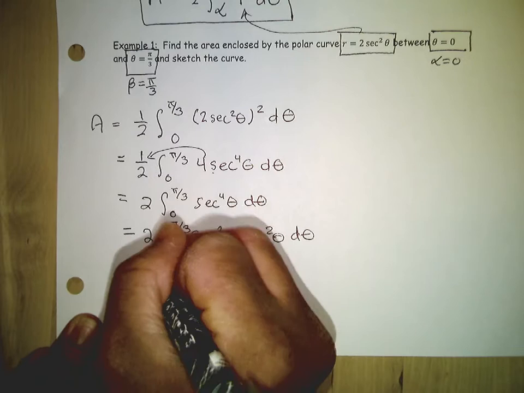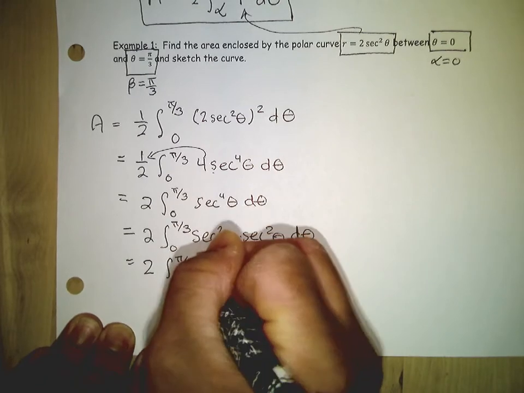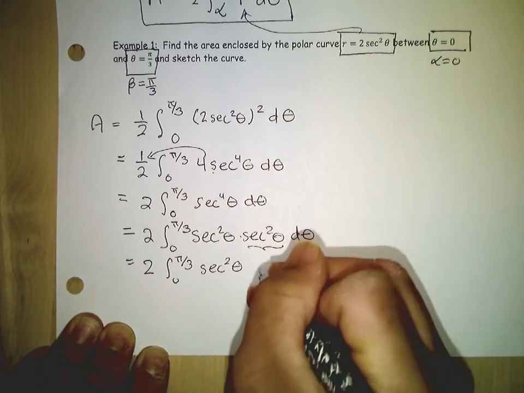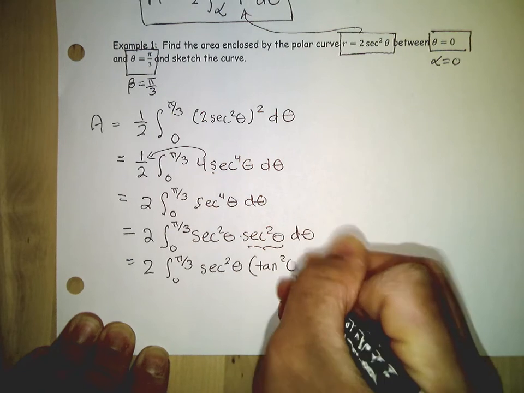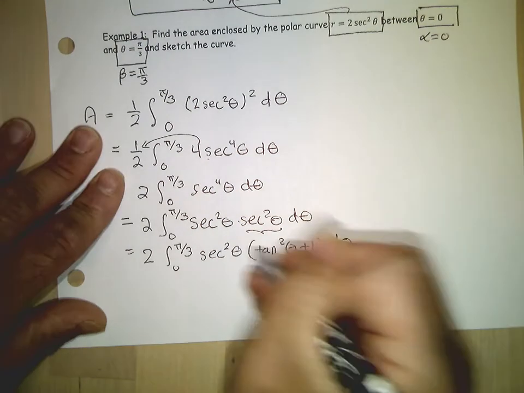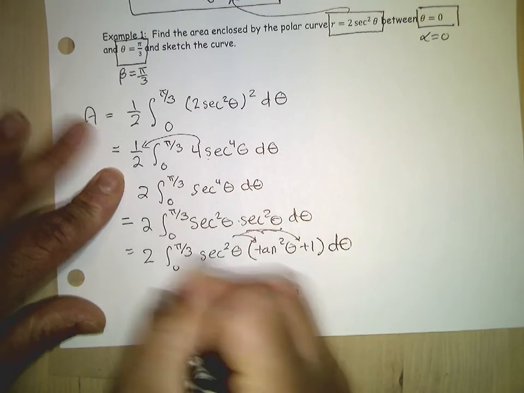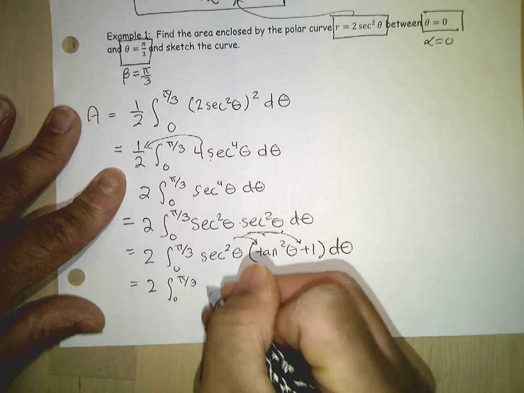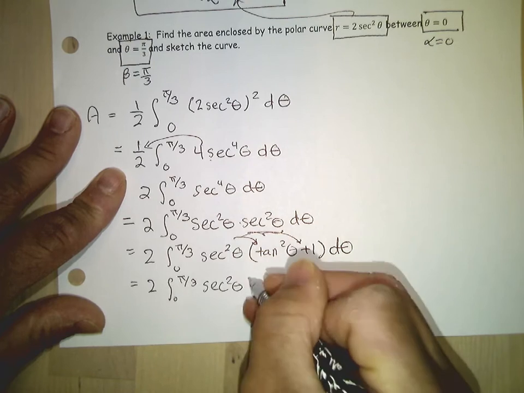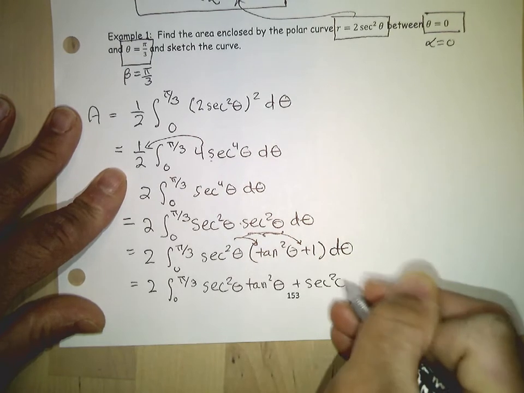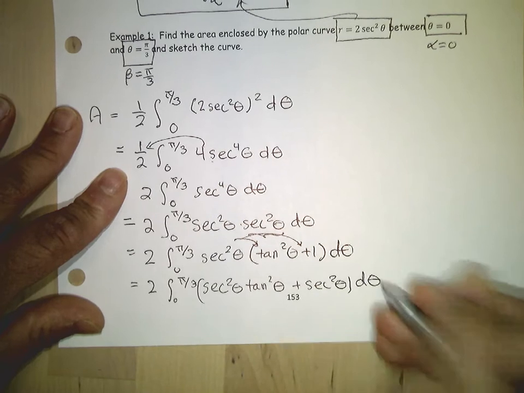Now, let's change one of the secant squared thetas to, let's use this one, tangent squared theta plus 1. Now, we'll distribute the secant squared theta here. So we have 2 integral from 0 to pi over 3 of secant squared theta tangent squared theta plus secant squared theta d theta.